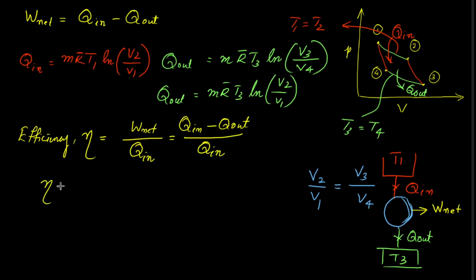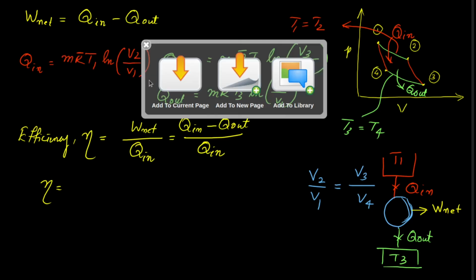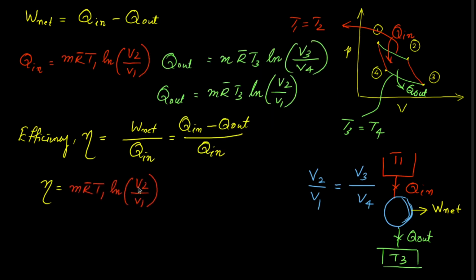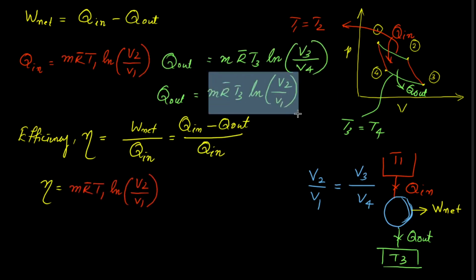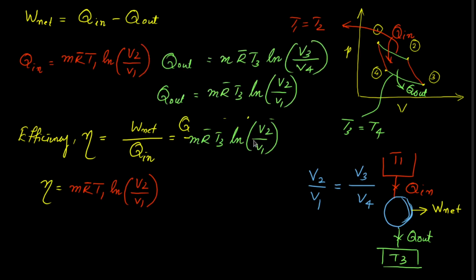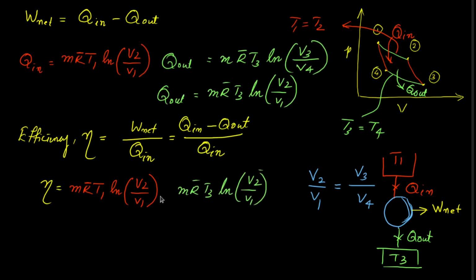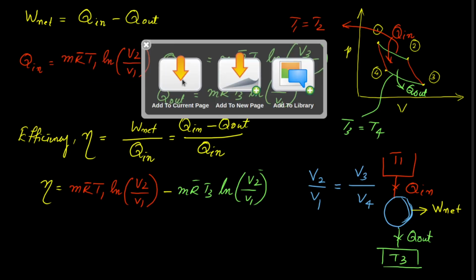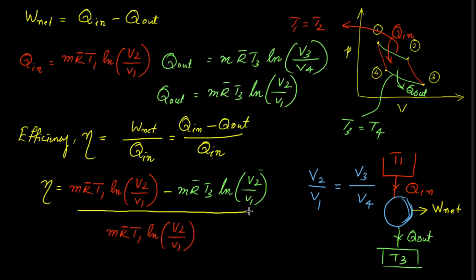So eta is equal to, so Q in we have already seen is m r bar T1 log V2 by V1. Q out is m r bar T3 log V2 by V1. So that is Q in minus Q out, and Q in is again the same. So this is our expression for the efficiency of a Carnot cycle.